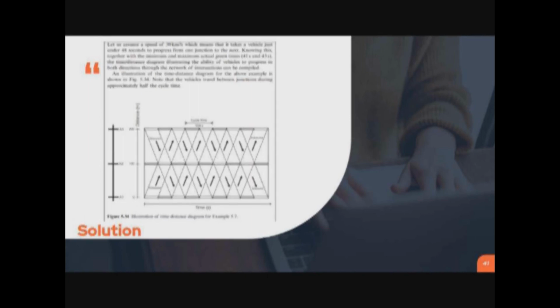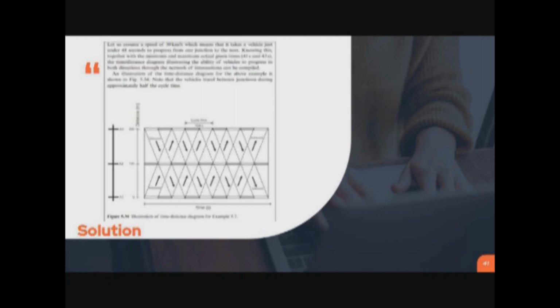Next, assuming a speed of 30 kilometers per hour, it takes a vehicle just under 48 seconds to progress from one junction to the next. Knowing this, together with the minimum and maximum actual green times of 41 seconds and 43 seconds, the time-distance diagram illustrating the ability of vehicles to progress in both directions through the network of intersections can be compiled.